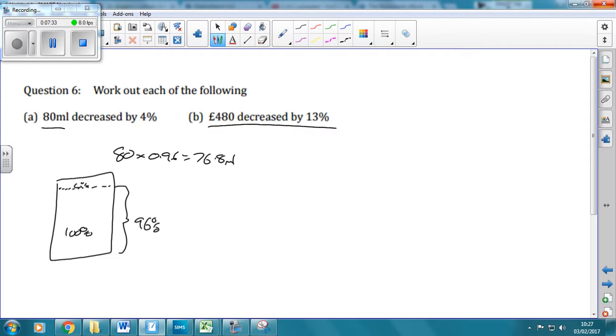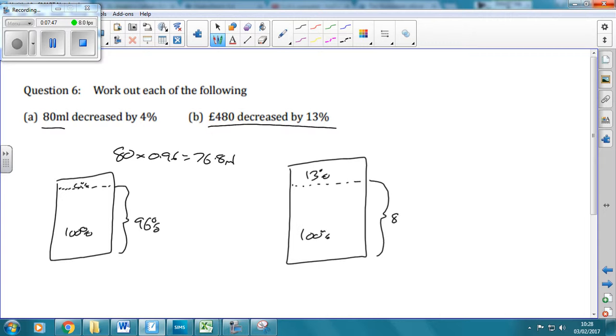Next one, 480 decreased by 13%. So again, we're decreasing by that percentage. So imagine our initial percentage, which is 100%. We're then going to snip the top 13% off, and that leaves us with 87%. 87% we know as our multiplier is 0.87.